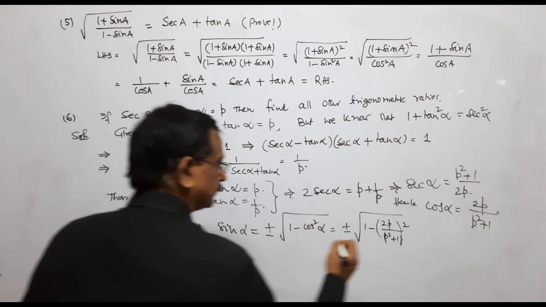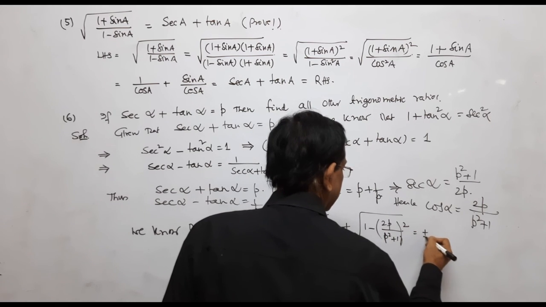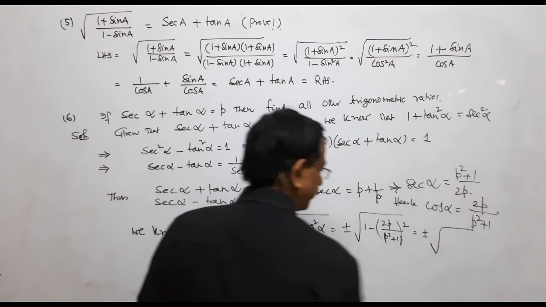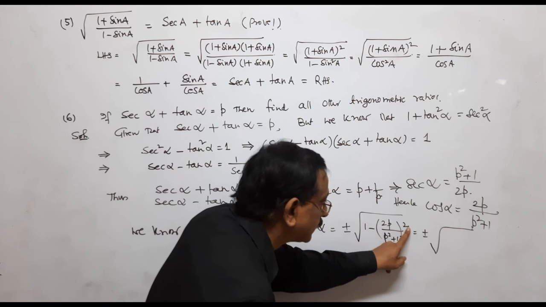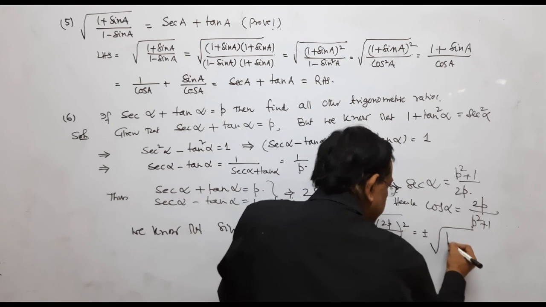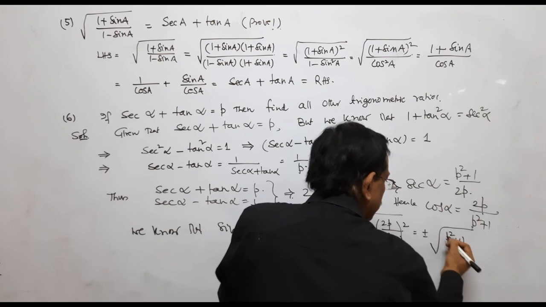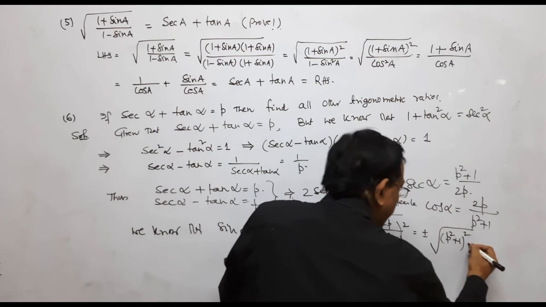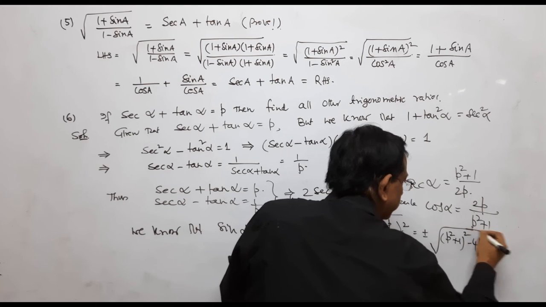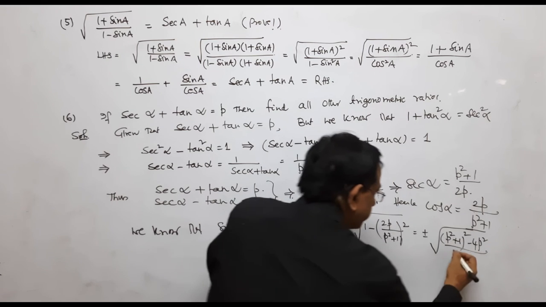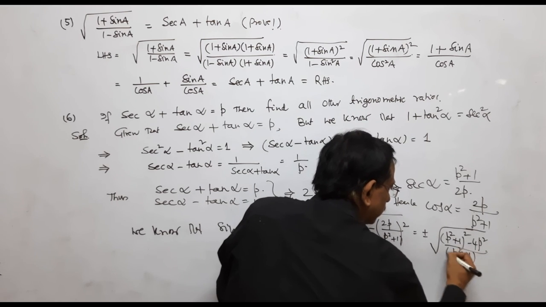So this is plus or minus root of (P square plus 1) whole square minus 4P square by (P square plus 1) whole square.